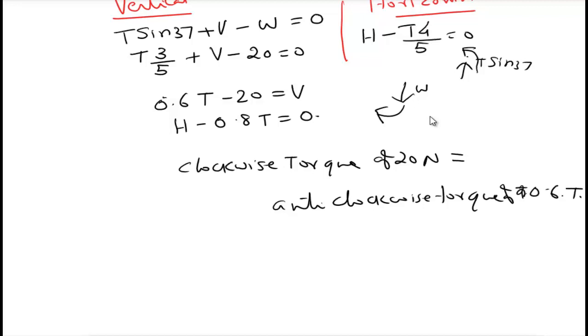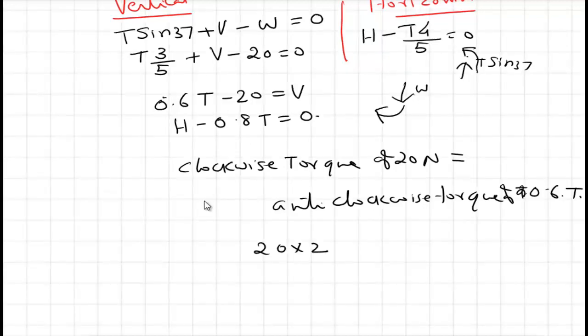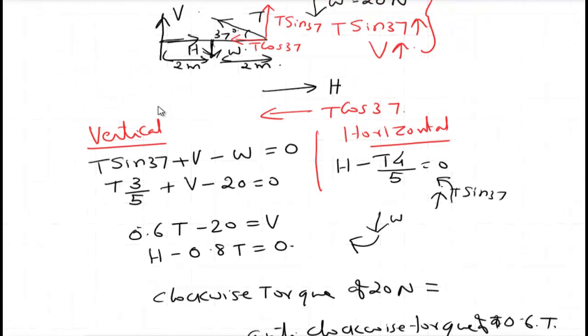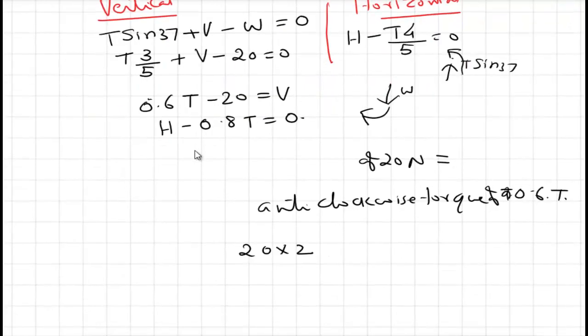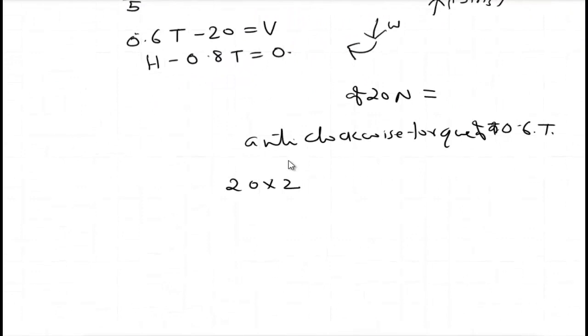The clockwise torque is 20 into 2, because the weight acts at 2 meters. So 20 into 2 equals 0.6 into T, with the distance from the hinge still to be included.